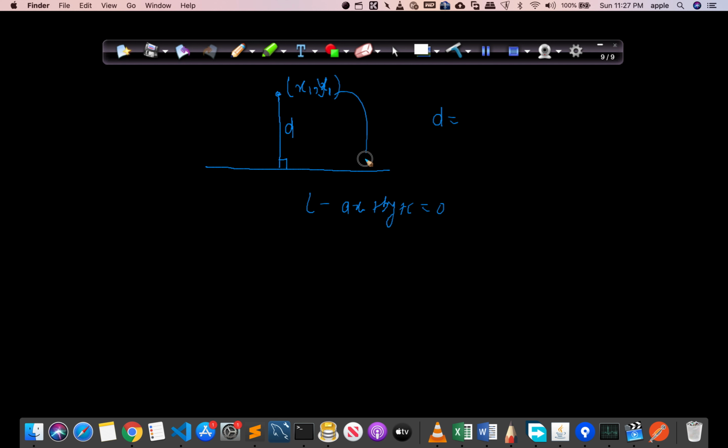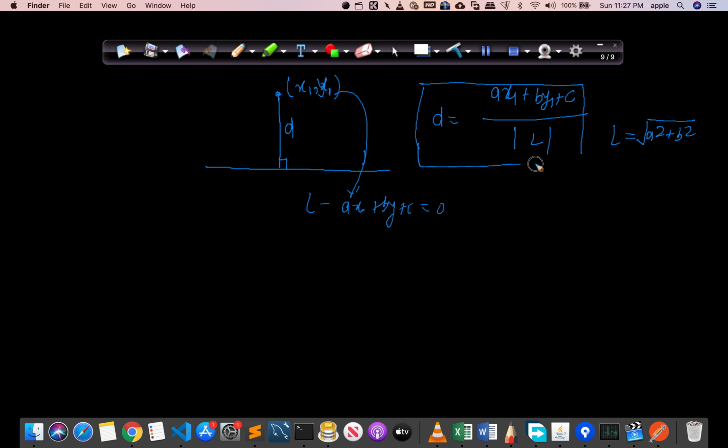Now put this point in this particular line. We will get ax1 plus by1 plus c, and then divide by the modulus of the line. The modulus is the square root of a square plus b square. So this is the distance of this point from this particular line.